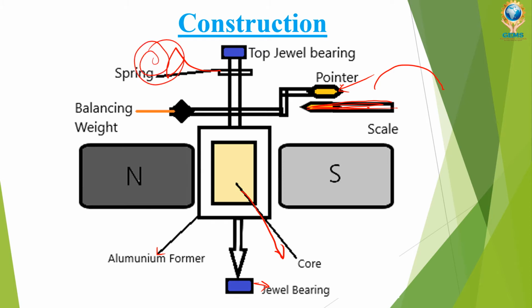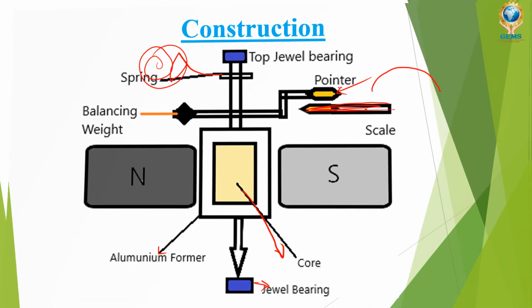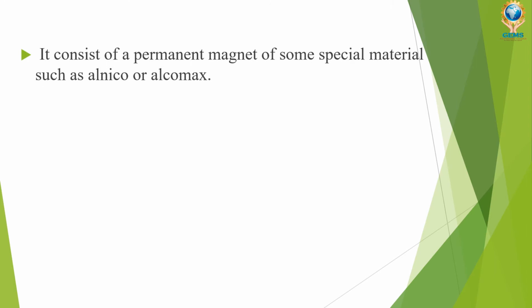This is the construction of the permanent magnet moving coil instrument. It consists of a permanent magnet of some special material such as Alnico or Alcomax.